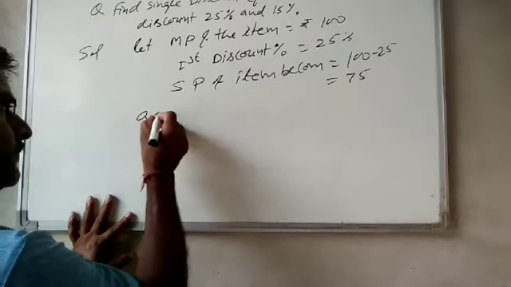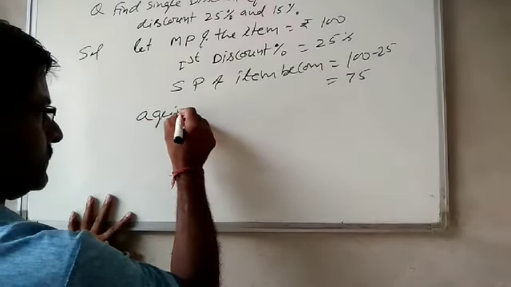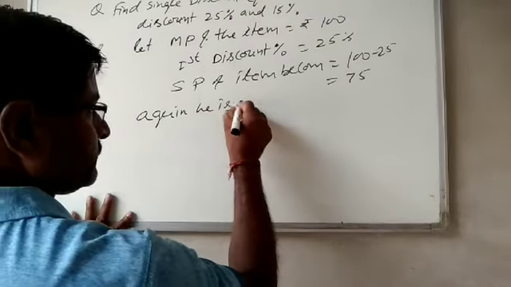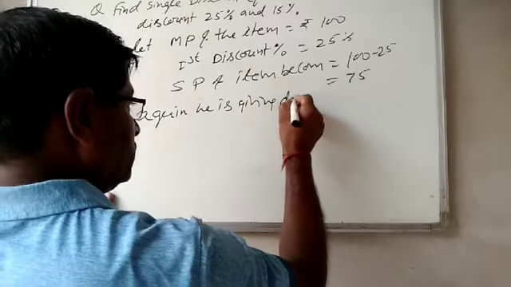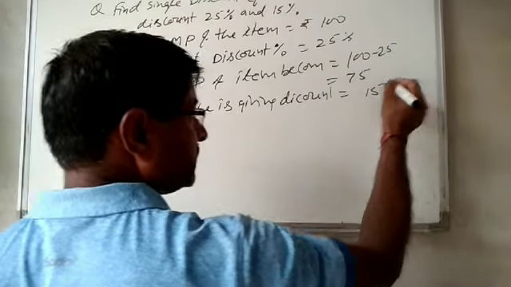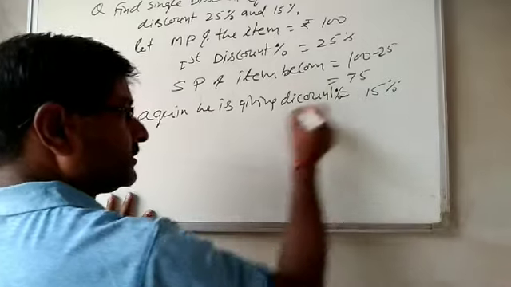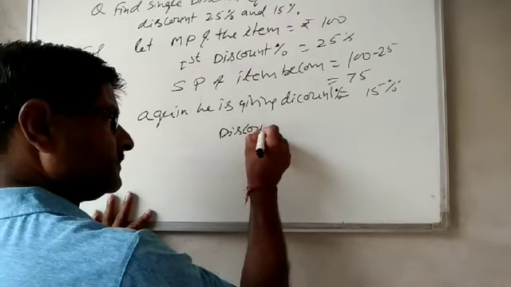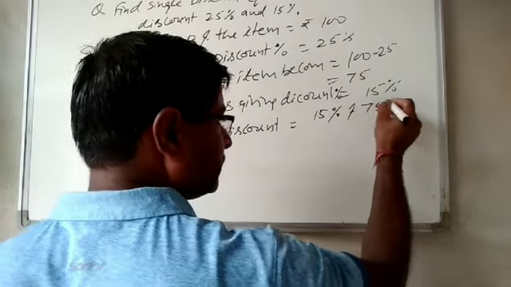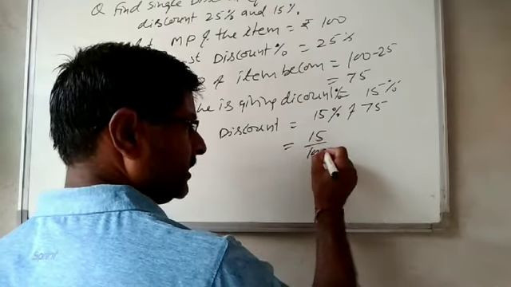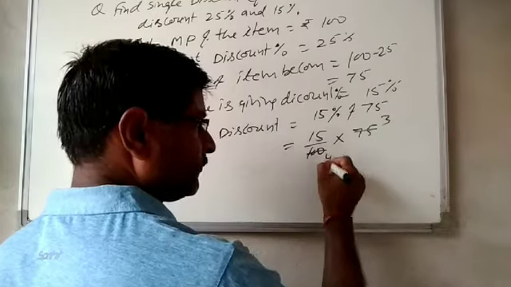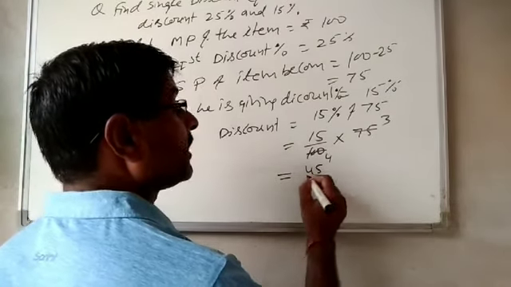Now again he is giving a discount equal to 15%. Discount percent, so discount is equal to 15% of 75, 15/100 of 75, which is 45/4.